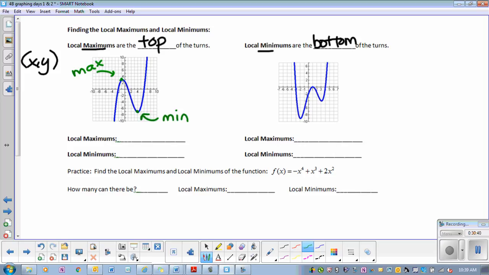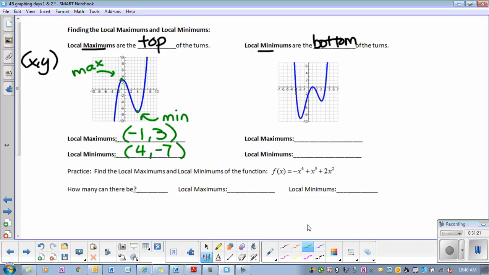What are the points? What is the point for this local maximum? Yep. -1, 3. How about the local minimum? Good. 4, -7. Perfect. That's all I want you to do with that.